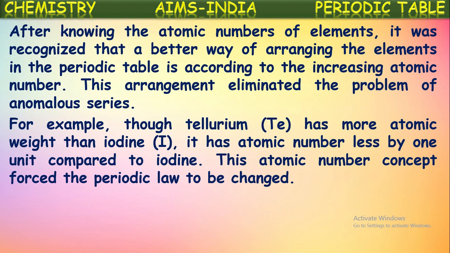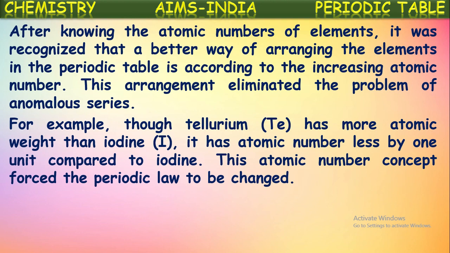So there Mendeleev's periodic law was not followed, as we said already, isn't it? That's why it is called an anomalous pair, a pair of elements where Mendeleev could not follow his periodic law, that is the increasing order of atomic weights, because he wrote tellurium with the greater atomic weight first, then iodine with the lower atomic weight.